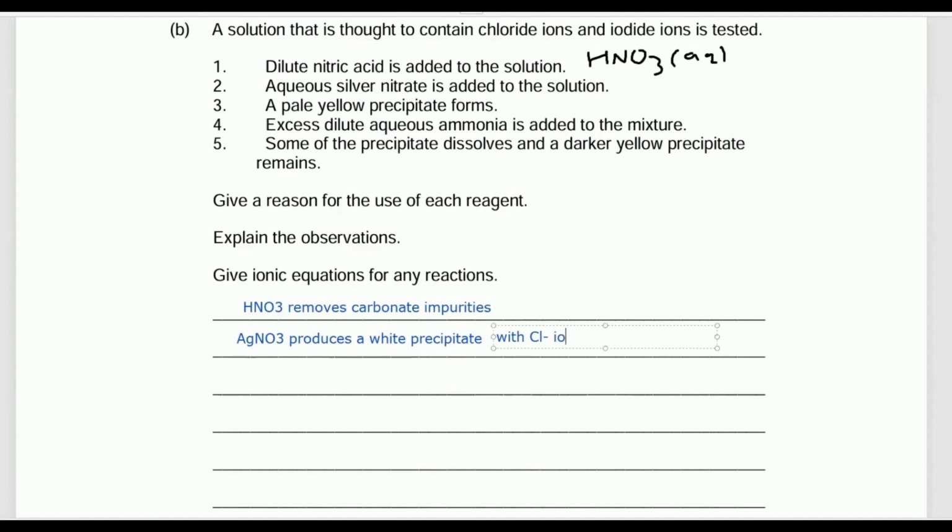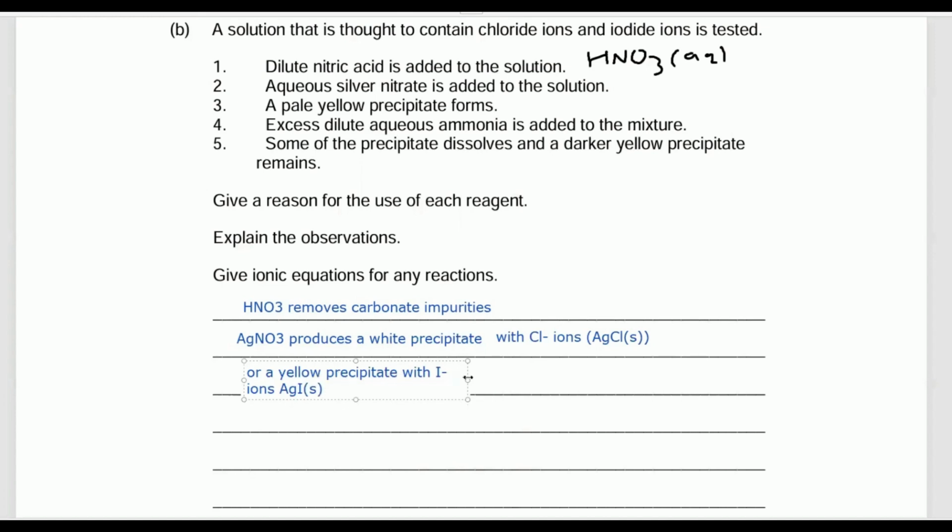You need to know that. It's producing AgCl, which is a solid precipitate. Or a yellow precipitate with iodide ions, in which you're going to get AgI as a solid. It actually goes cream with bromide ions, but we're not dealing with those here.